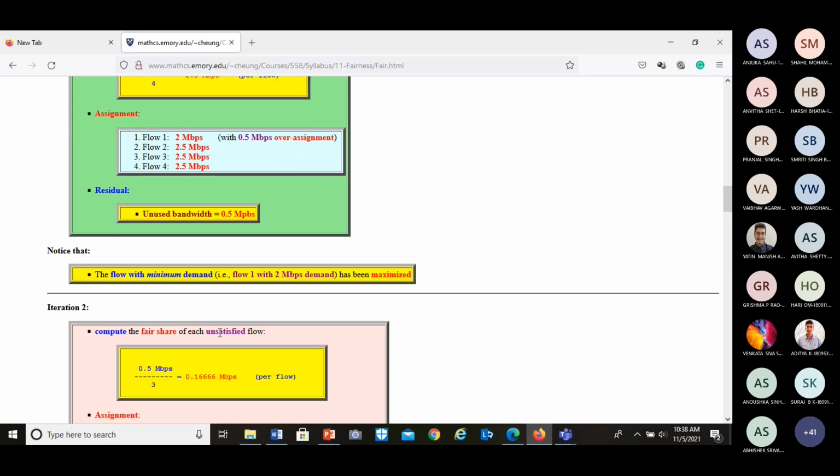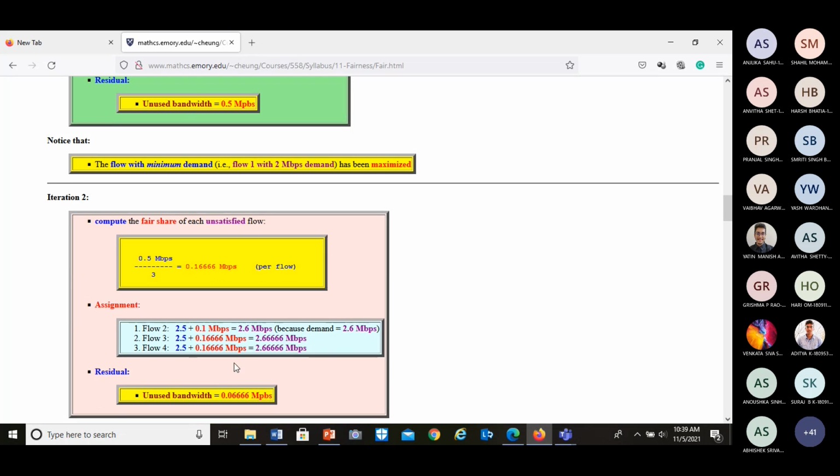That 0.5 you divide by 3, which becomes 0.166. Then you add that 0.166 to the other three users.